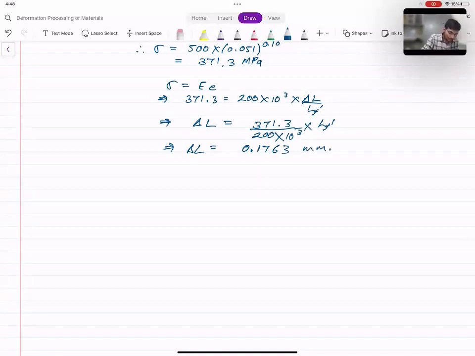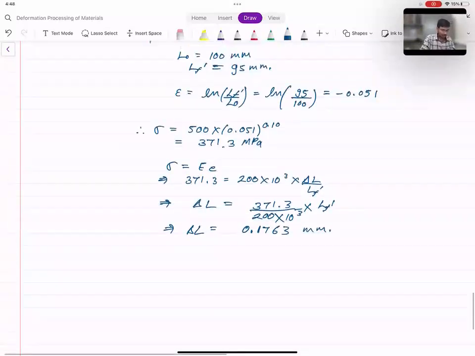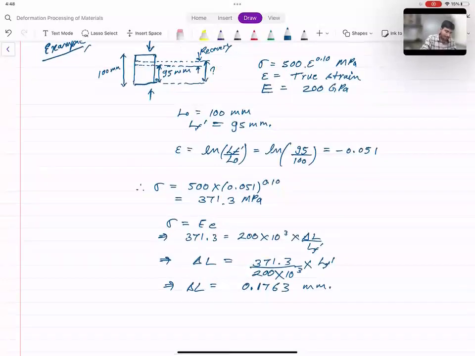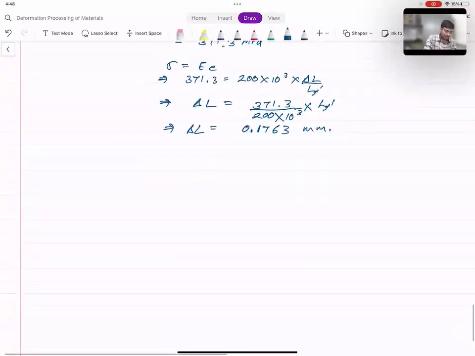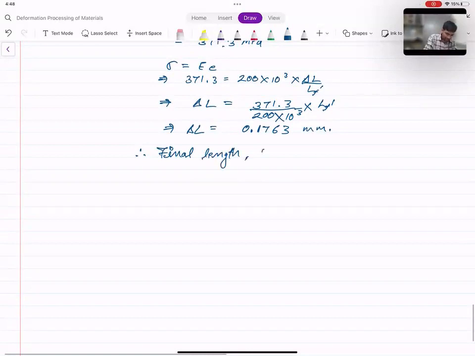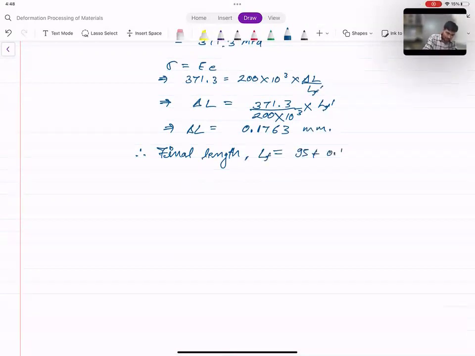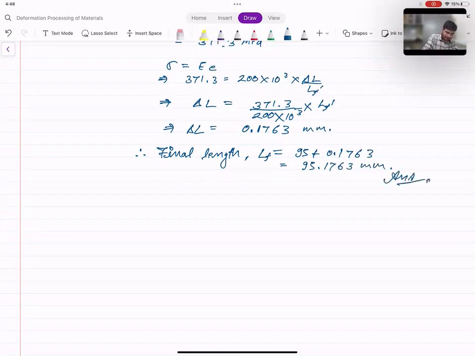So this was the increase in length due to the elastic recovery here. So this was the recovery part. Therefore, final length LF will be 95 plus 0.1763. So this is nothing but 95.1763 mm. Okay. So this was an example to elaborate the concept of elastic recovery taking place.